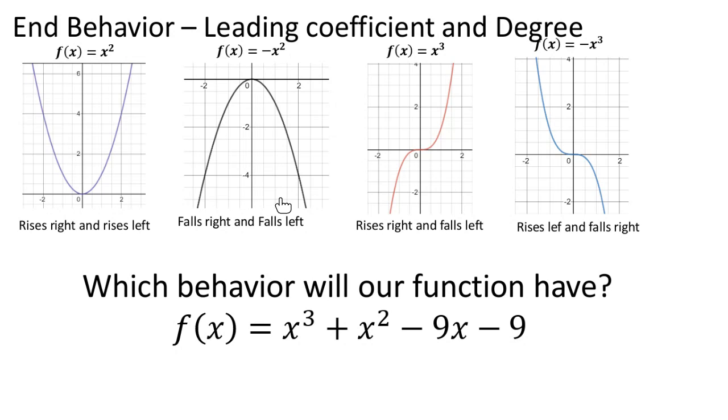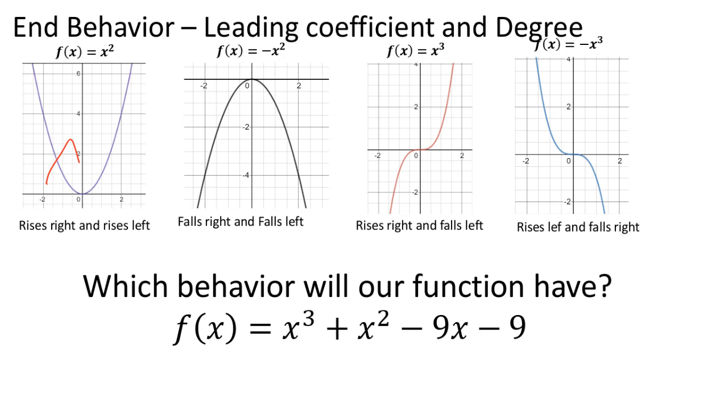Great. And then if you have a negative leading coefficient and an even degree, it's going to fall down on the right and fall down on the left, and so on. So which behavior will our function have? Notice here we have an odd degree with a positive leading coefficient. Let me write some letters for you here.